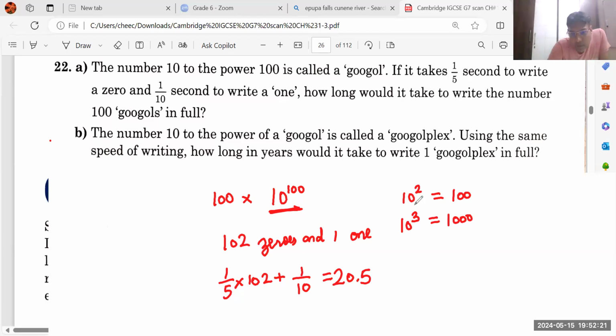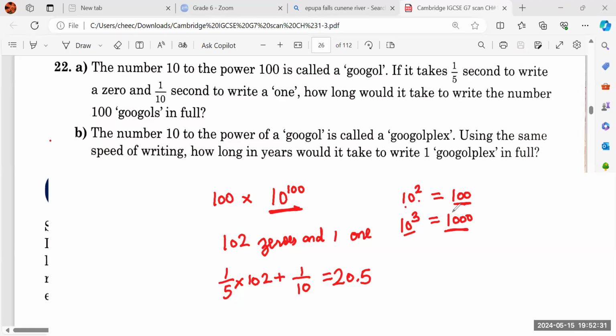Beta, here I have explained 10 square is 100, 10 cube is 1000. So how many zeros are coming? First of all, you need to start your camera because I cannot interact with people whom I cannot see. Understood, sir.